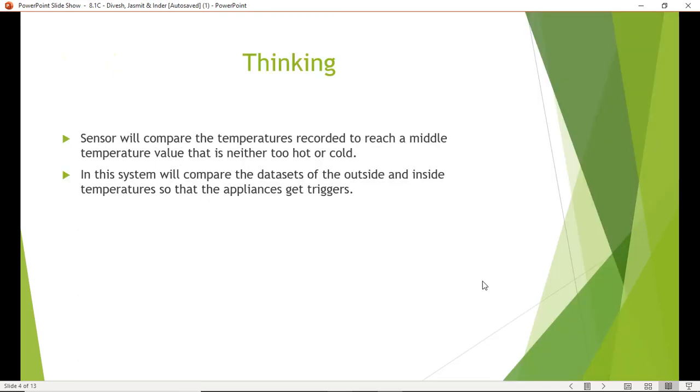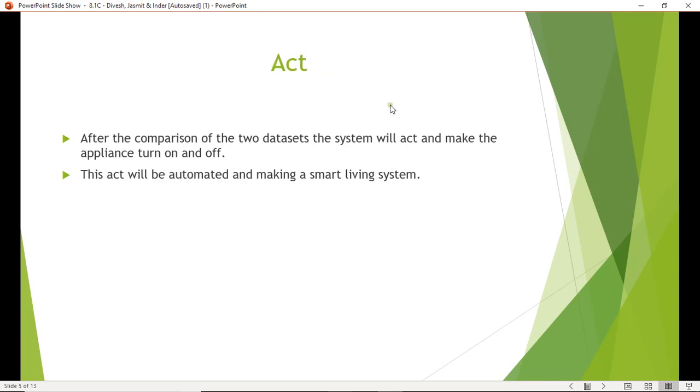Further, a comparison will be made between the temperature sensed by the outside sensor and the temperature sensed by the inside sensor. On the basis of that comparison, the decision will be taken: either the appliance has to be triggered on or off.